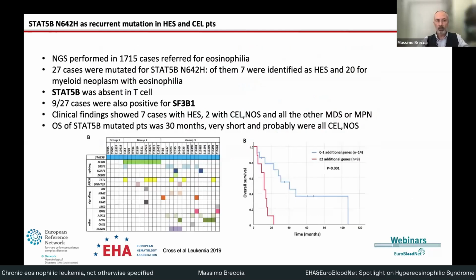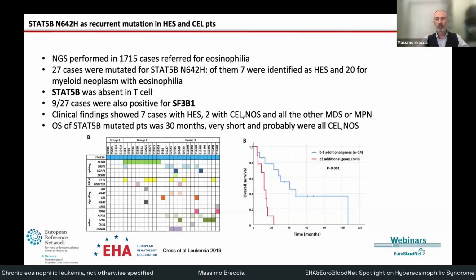A very important paper was published by Nick Cross and colleagues. It's a cooperative paper in which NGS was performed in 1,700 cases referred for eosinophilia. In 27 of these cases, a STAT5B N642H mutation was found, which is usually associated with lymphoproliferative diseases.